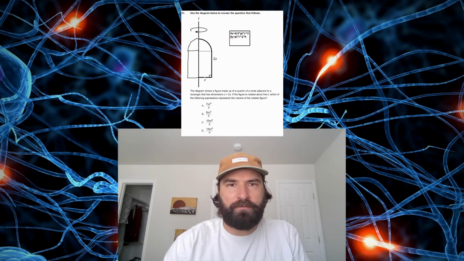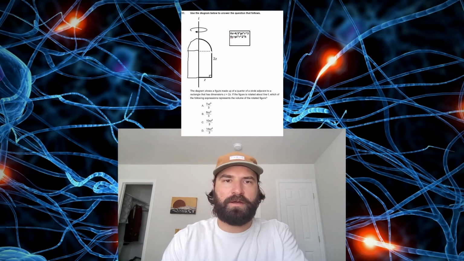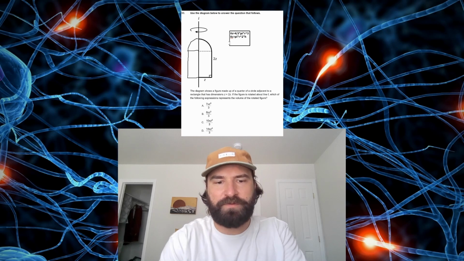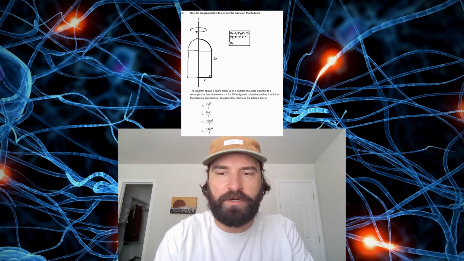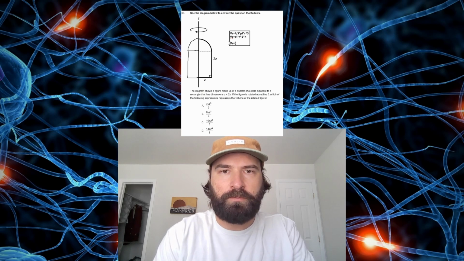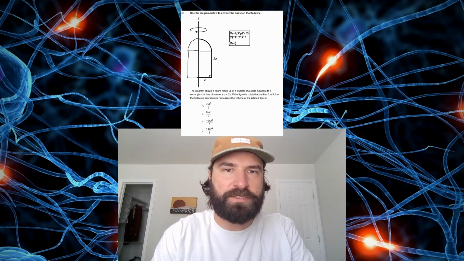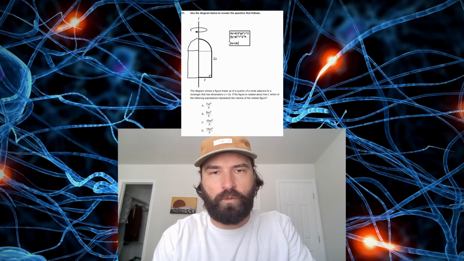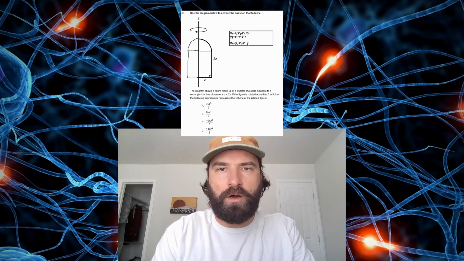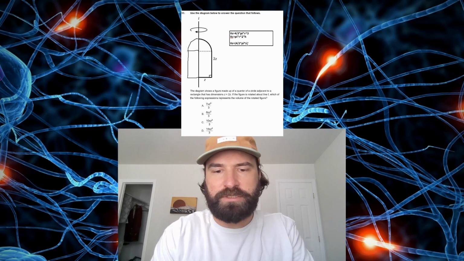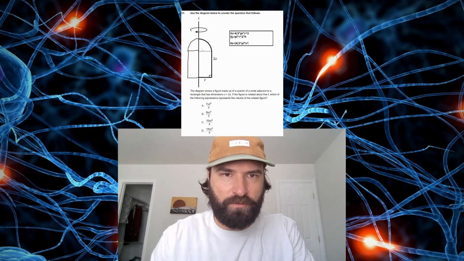We do have some measurements that we can plug in here using these z's. To find the volume of this top part, the half sphere, I'm going to say volume of sphere equals, and I'm going to divide this by 2 because it's only half of a sphere. So it's 4/3 times pi times r cubed, which in this case is just z cubed, because z is the radius of this circle.